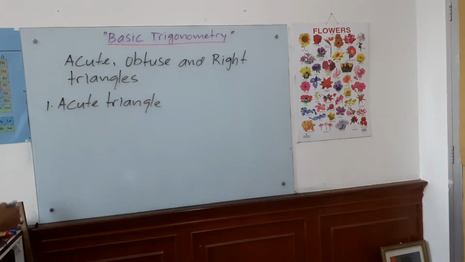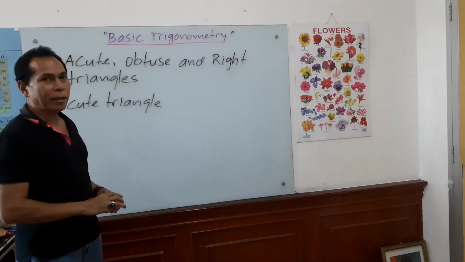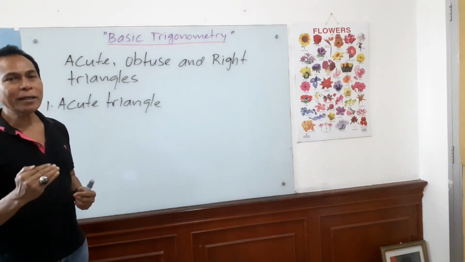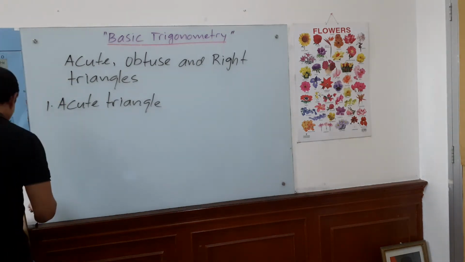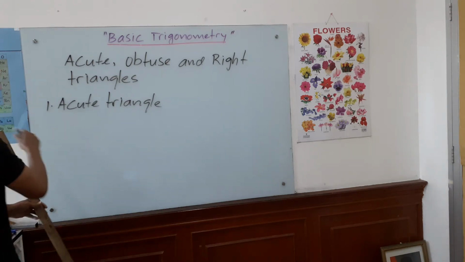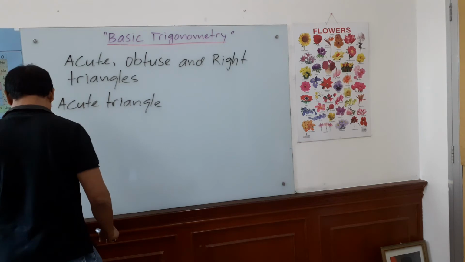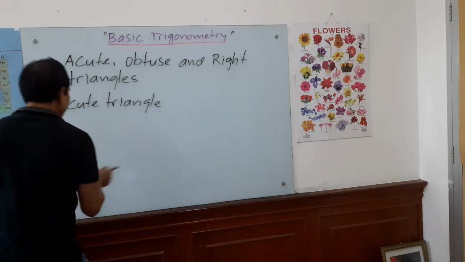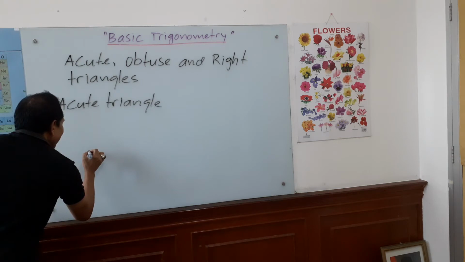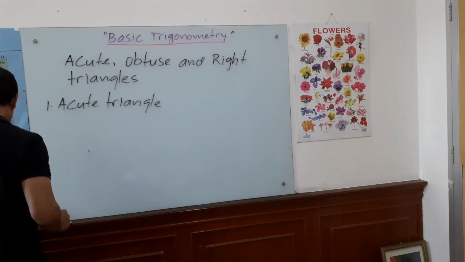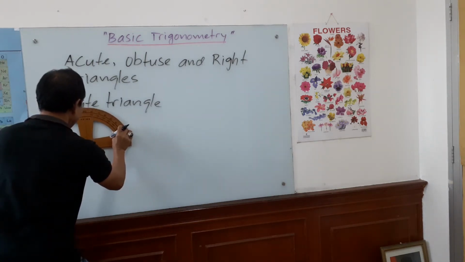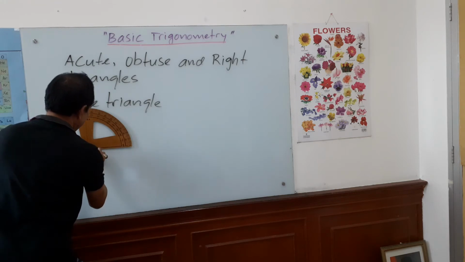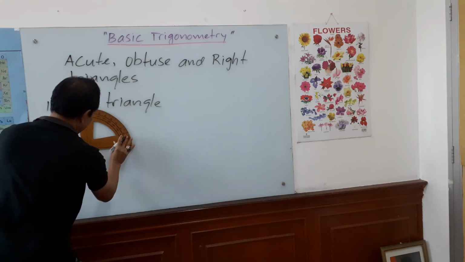Acute triangle. Now remember, acute angle is an angle less than or smaller than 90 degrees. Now we want to create one, so first we put a point here to start with. Now with this point we create our triangle. We draw a line from here to the right.